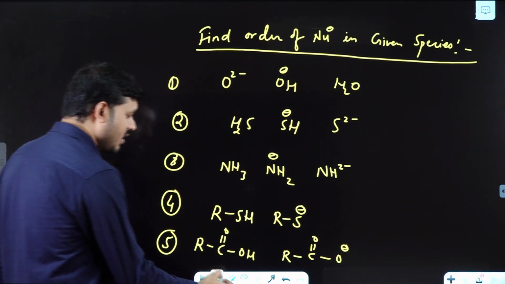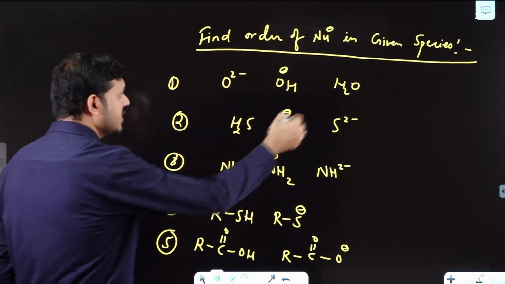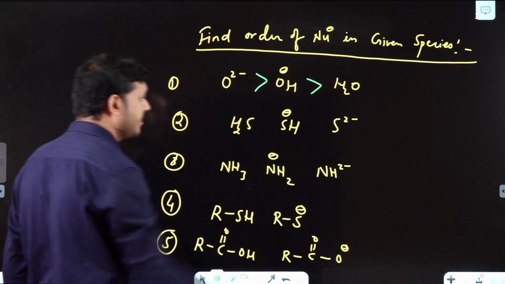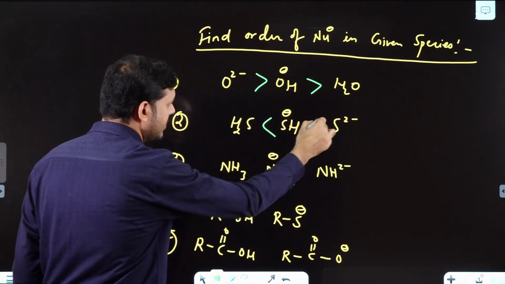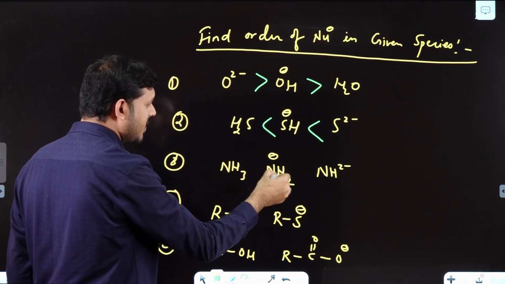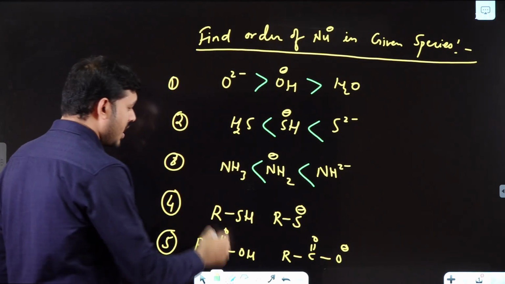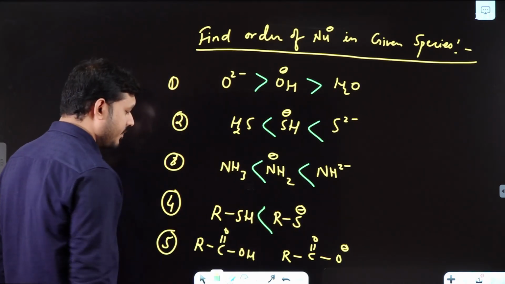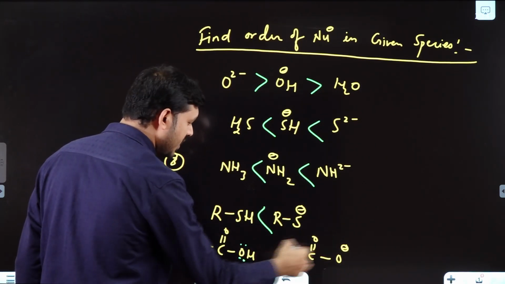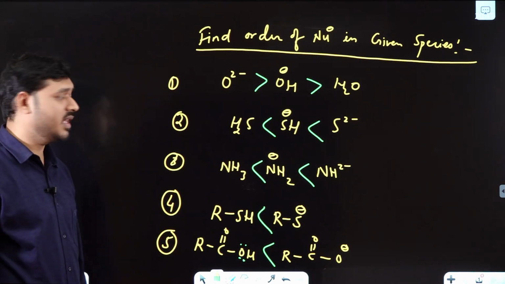So let's check the electron density. The higher the electron density, the more nucleophilic. See, neutral, its conjugate base again. So you can say this is the order. Now here again this is the order, minus 1, minus 2, same sulfur atom. NH3, NH2 minus, NH minus 2, this is the order. RSH, RS minus, same case. Now RCOOH, this has a lone pair and when this H is removed there is a minus charge, so this is the order. Clear to all? So this is the order of nucleophilicity in the given species.